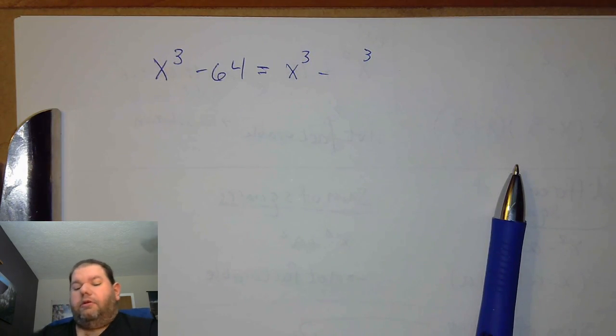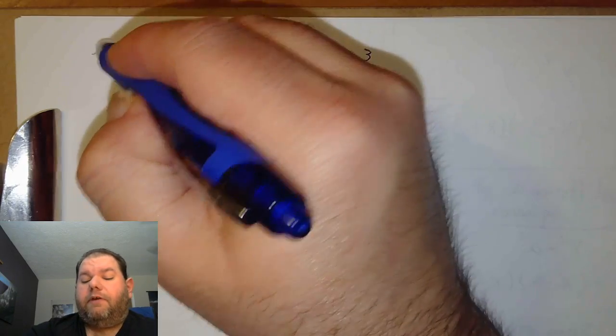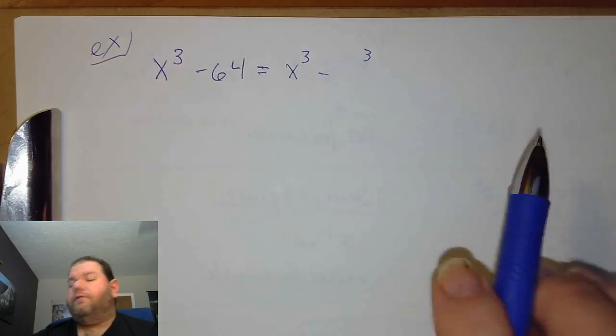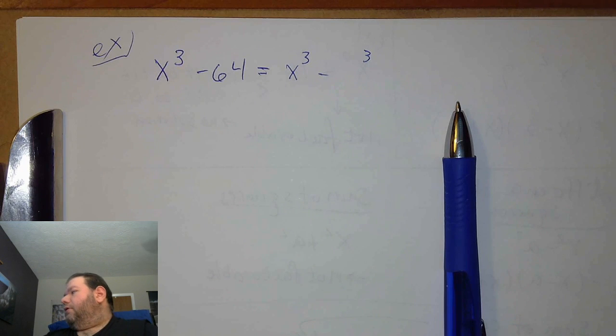So, looking at another example, we have x cubed minus 64. Again, step one is trying to figure out what exactly is being raised to the third power to equal our number.